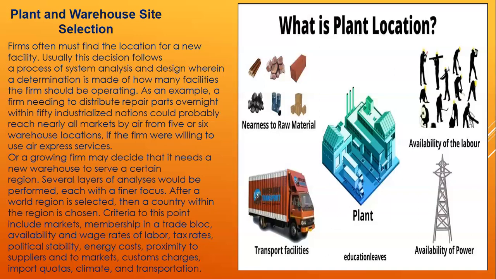Criteria to consider include market, membership in a trade bloc, availability and wage rates of labor, tax rate, political stability, energy cost, proximity to suppliers and markets, customer charges, import quotas and climate. All of these need to be kept in mind while arranging a warehouse or factory in another country location.